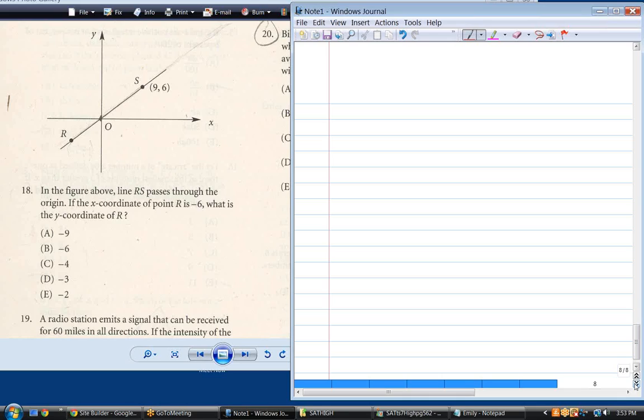It's -4. And you got that how? Because it's a line, so 9 to 0 is 3 times 3, whereas 0 to negative 6 is only 2 times negative 6. So then you divide 6 by 3, and then you multiply that by 2.